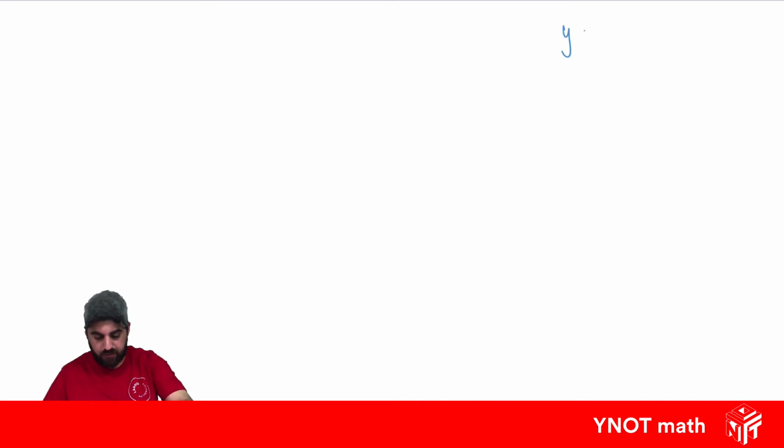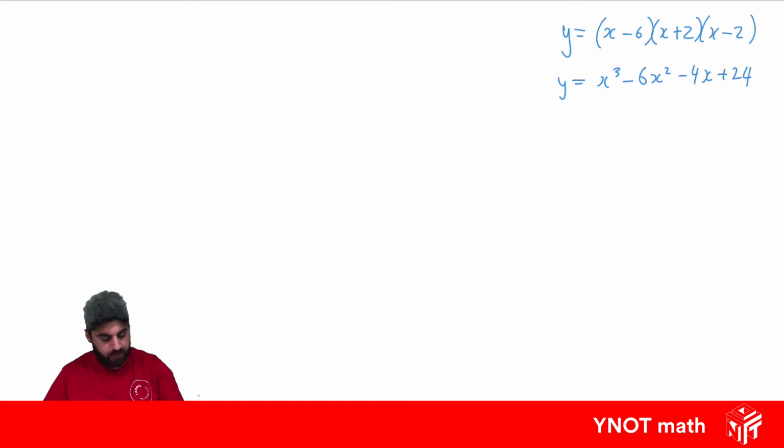We're going to look at the curve y equals (x minus 6) times (x plus 2) times (x minus 2). Expand it out, this will give us x cubed minus 6x squared minus 4x plus 24.